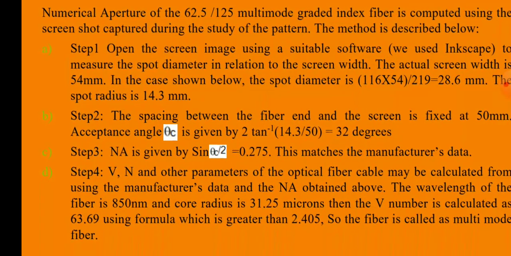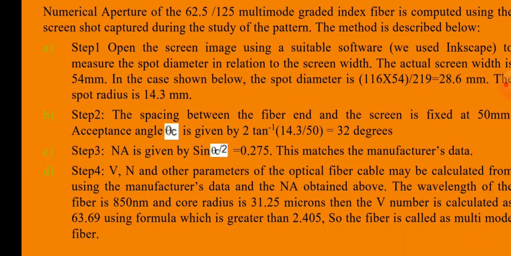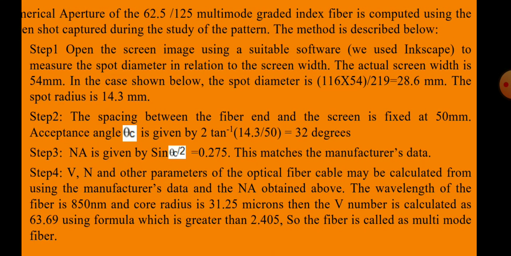The wavelength of the fiber is 850 nanometer and the core radius is 31.25 microns. The 850 nanometer we are taking from the manufacturer's data sheet. The core radius is also derived from the core diameter in the manufacturer's data.